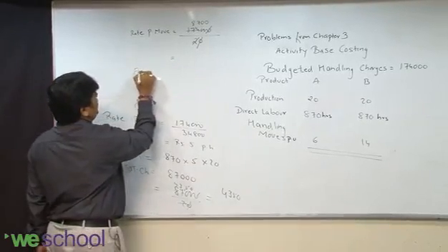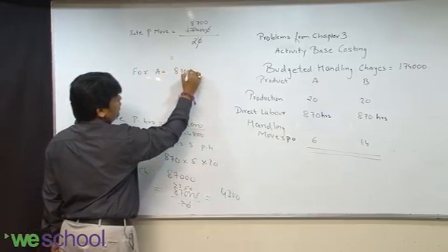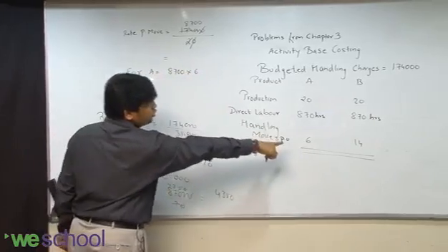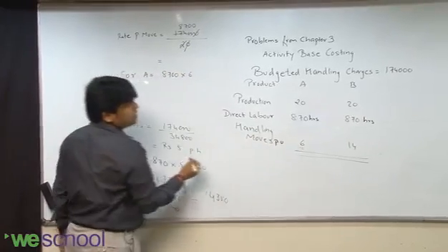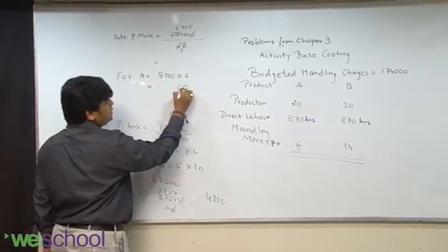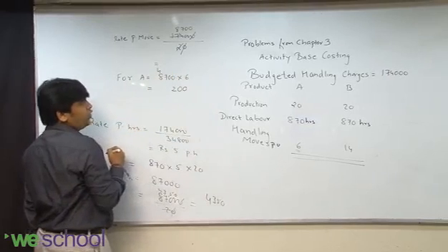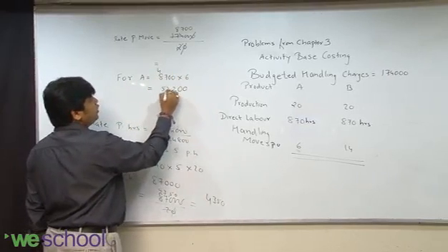So what will be the charges for A? 8,700 per move into 6 will be charged to A, because A has taken 6 times service. So what is the answer for that? 6 zeros are 0, 6 zeros are 0, 6 sevens are 42, 4, 6 eights are 48, plus 4, 52.